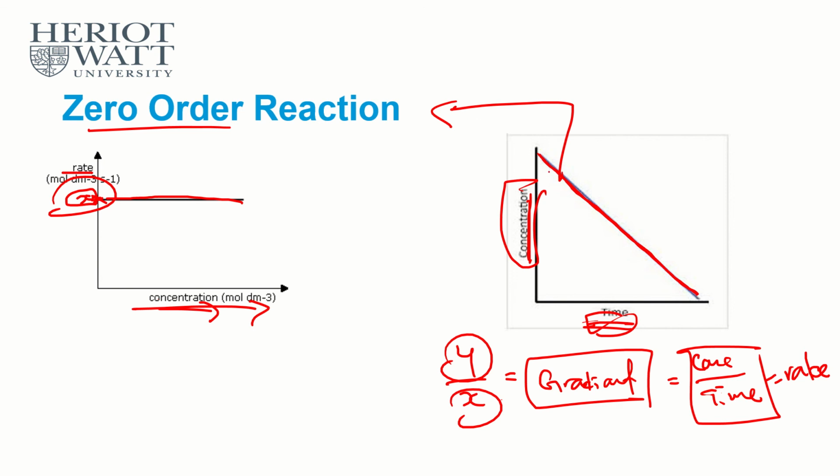So the concentration of that particular reactant, which is zero order, would decrease over time because it's a reactant. But the rate remains unchanged while the concentration of this reactant is decreasing. You see that? Because it is zero order. All right, so please remember these two graph patterns for zero order.